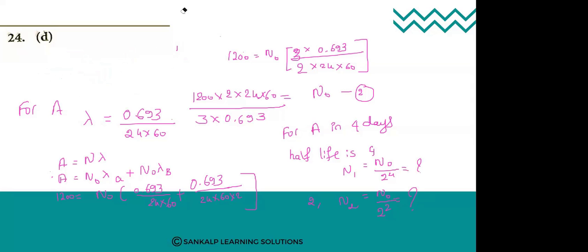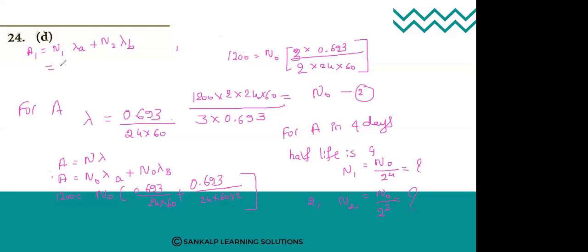The question is a little lengthy. Especially in the NEET exam, you may get this type of question. The new activity can be written as, because they are asking what is the new activity, right? So the new activity A1 is equal to N1 into lambda A plus N2 into lambda B. If you don't simplify N1 and N2, it's fine, here also you can do the simplification.